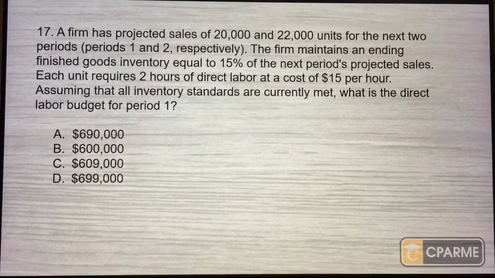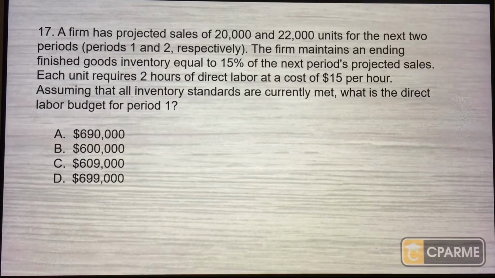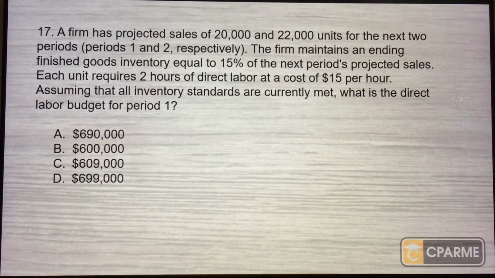So a firm has projected sales of 20,000 and 22,000 units for the next two periods, 1 and 2 respectively. The firm maintains an ending finished goods inventory equal to 15% of the next period's projected sales. Each unit requires 2 hours of direct labor at a cost of $15 per hour. So how much is the direct labor budget for period 1?